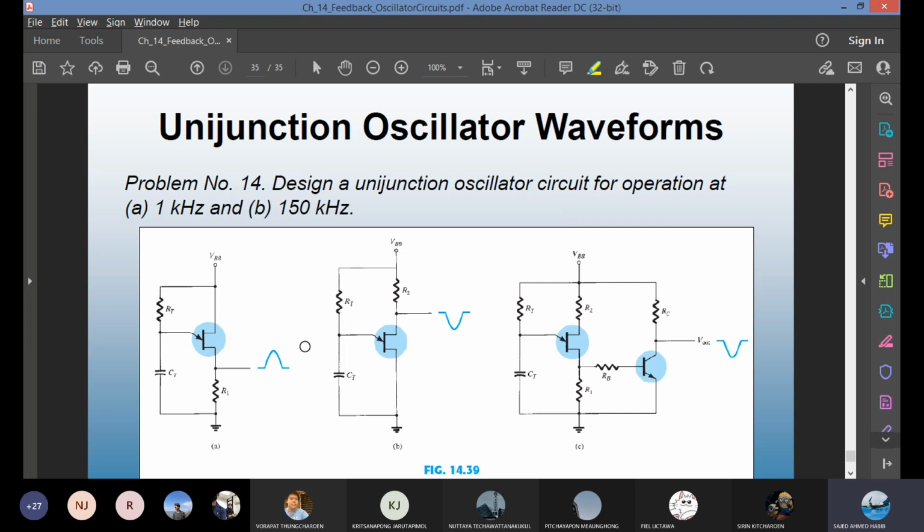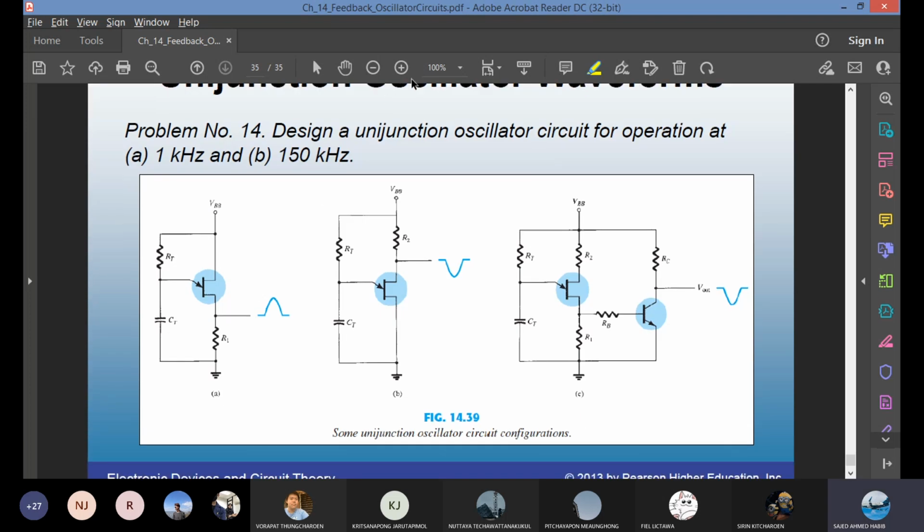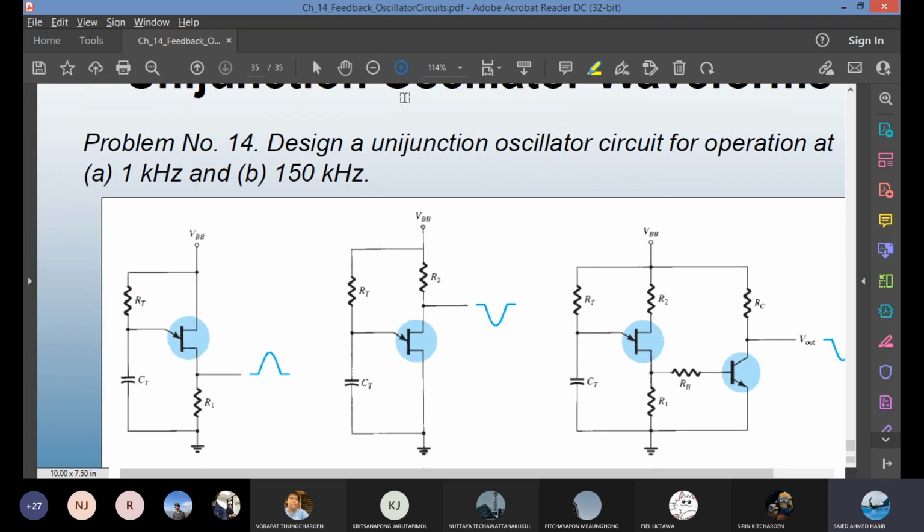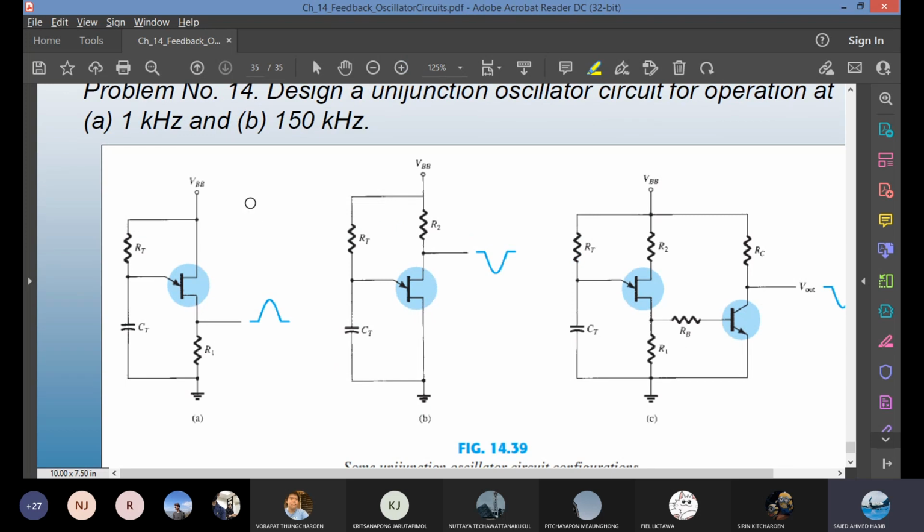Actually, this design problem is very simple. Do you know how to solve this? Let's give the formula. F, what is F?